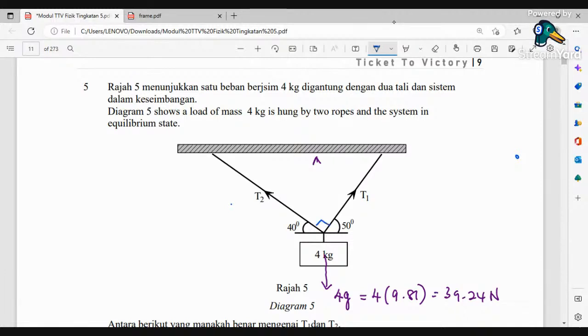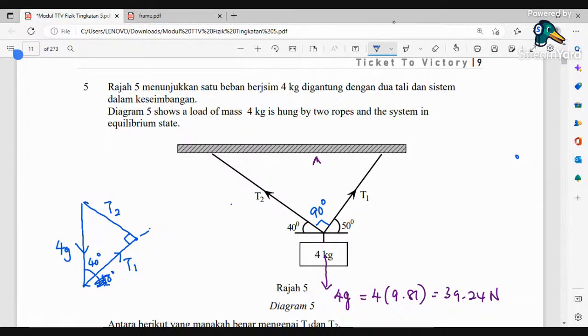So the angle here is 90 degrees. I try to sketch the diagram. I draw the vertical one, which is 4g. At angle 50 to the horizontal, I draw T1, and then I draw T2. The angle between T1 and T2 is 90 degrees. The angle here is 50, so the angle here is 40.